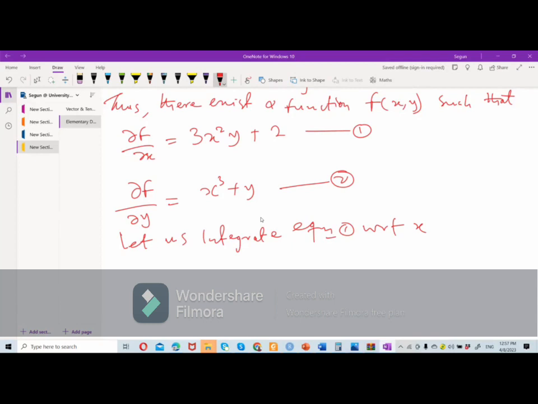It simply means the integral of the partial f with respect to x, dx, equals the integral of (3x²y + 2) dx.